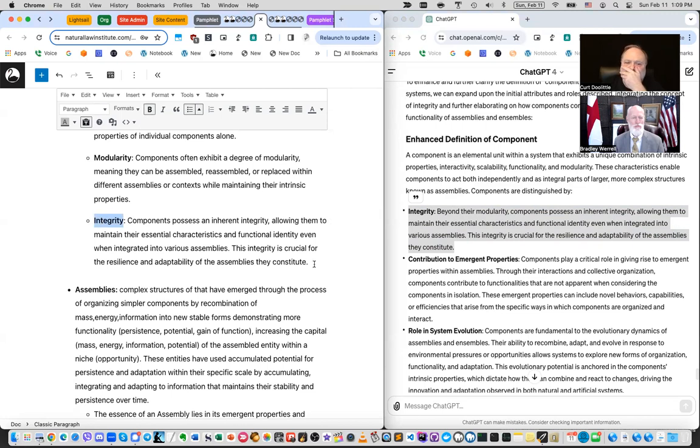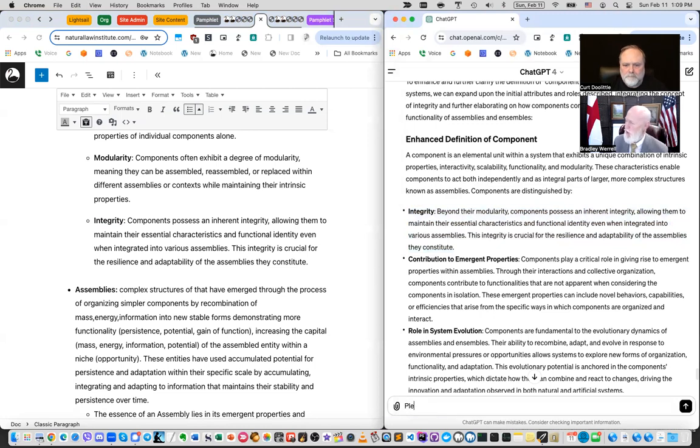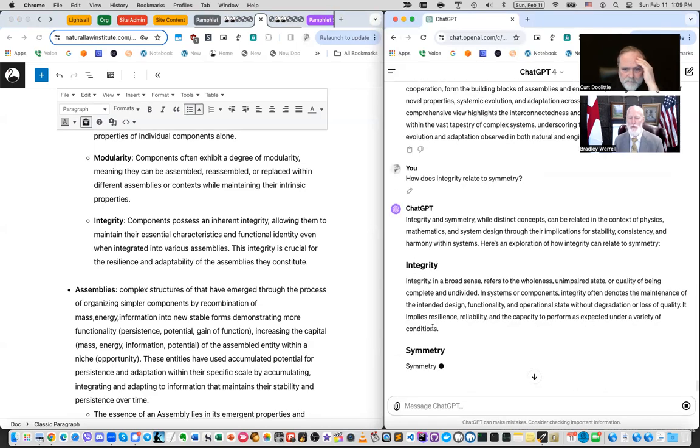So how does integrity relate to symmetry? What's interesting about integrity is that copies will be able to be substituted in there, right? It doesn't matter which one it is, the pattern will provide the service. Yes. So copies will be substitutable.